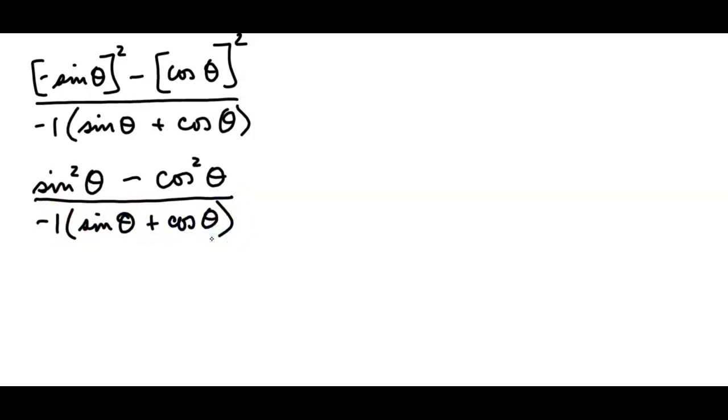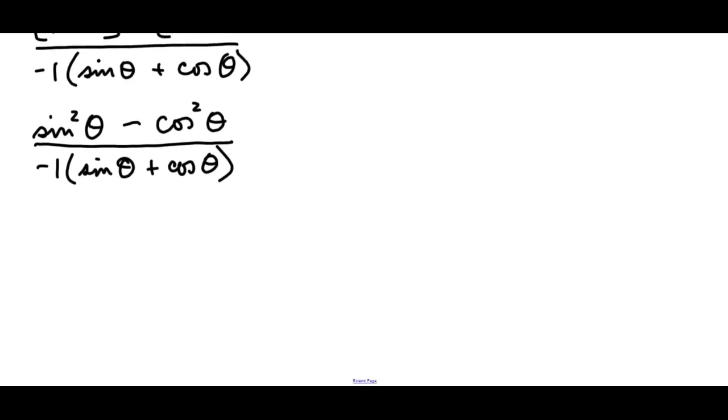And hopefully I don't write too big. Now remember that we can use the algebra that we have even though we have trig functions involved. So in the numerator you have something squared minus something squared. That's the difference of squares. And so we're going to factor the numerator into sine theta plus cosine theta and sine theta minus cosine theta.